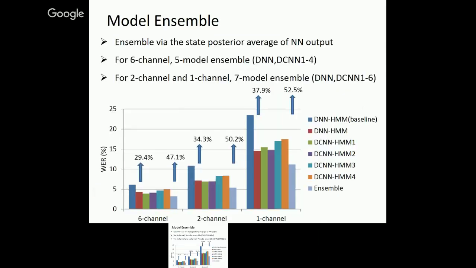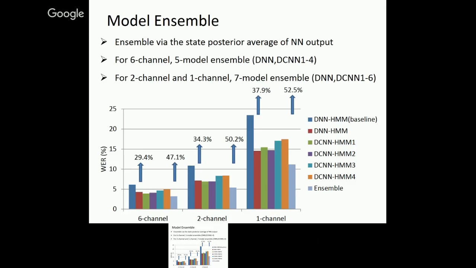This is the performance of the CHiME system and the ensemble. The blue one on the left for each channel is the DNN-HMM baseline performance, and the red one is a single DNN-HMM system, concatenating fMLLR and log mel filterbank features, also with training data augmentation.